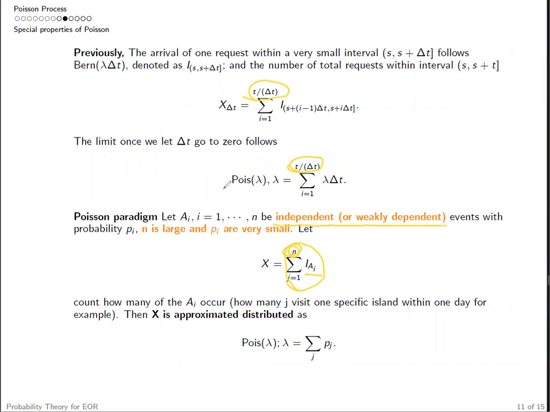When we let delta t go to 0, and each p_i is very small, it can be shown that the distribution of such a summation of many indicator random variables, if they are roughly weakly dependent or even independent, with a very small success rate for each of them, so each event A_i only occurs with very small probability, can be nicely approximated by the Poisson distribution, with lambda equal to the summation of all these small p's.